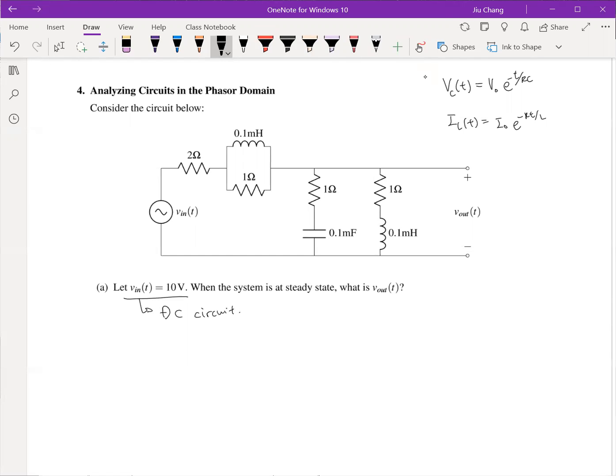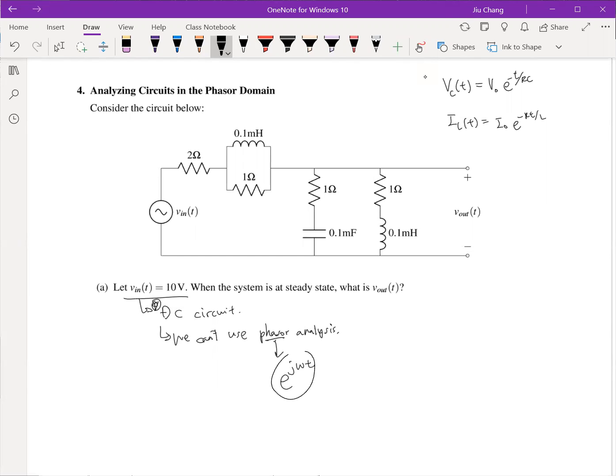And what's important about this is that we can't use phasor analysis. This is because phasors take into account that they have a frequency, namely omega.